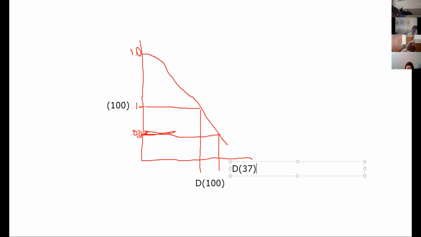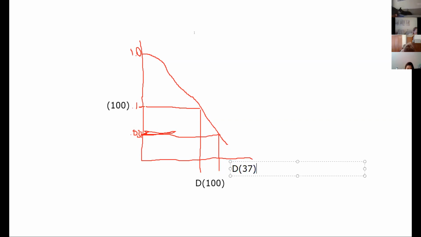Anybody else get anything different? I got 110. In the range. I got just a little bit higher, but that's all right. We'll go with 179, just for illustration purposes.